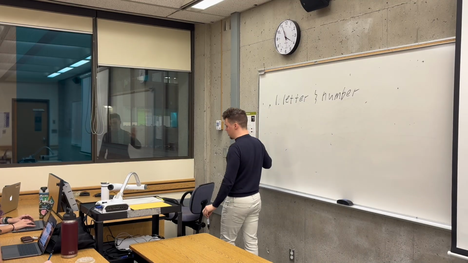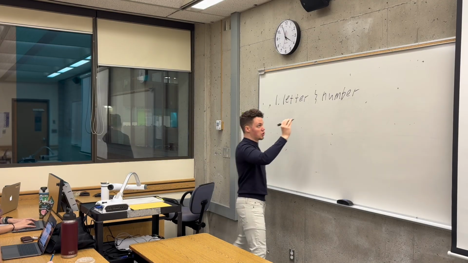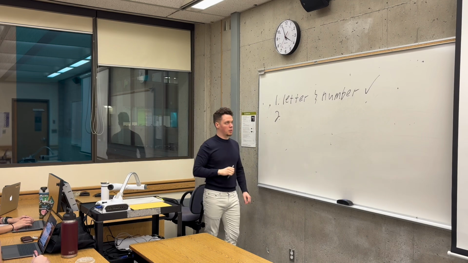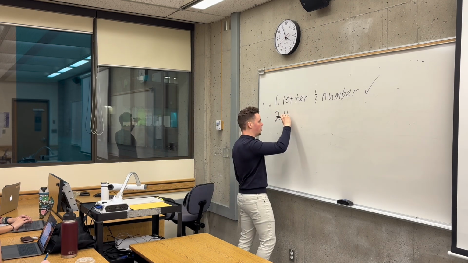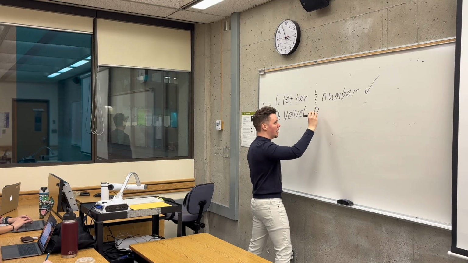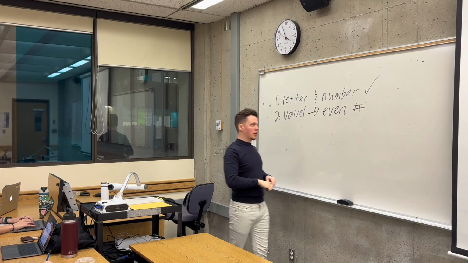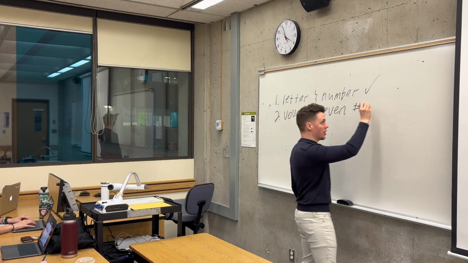You can take my word for it that this is true. So this one we know for sure is right. Number 2, we don't know whether this is true or not, and that is: if there is a vowel on one side, then there is an even number on the other side. So this one, we're not sure, question mark.